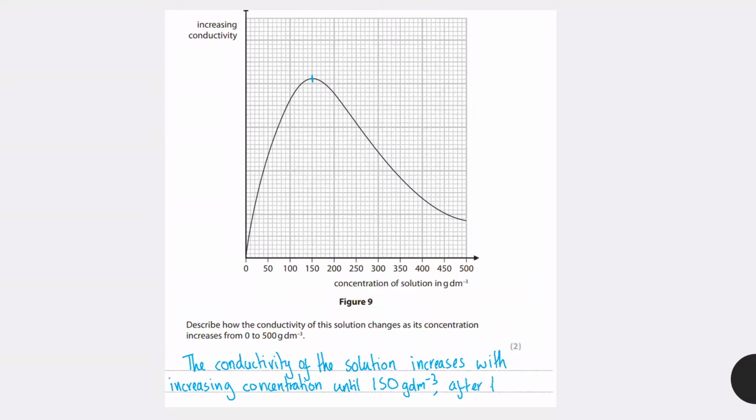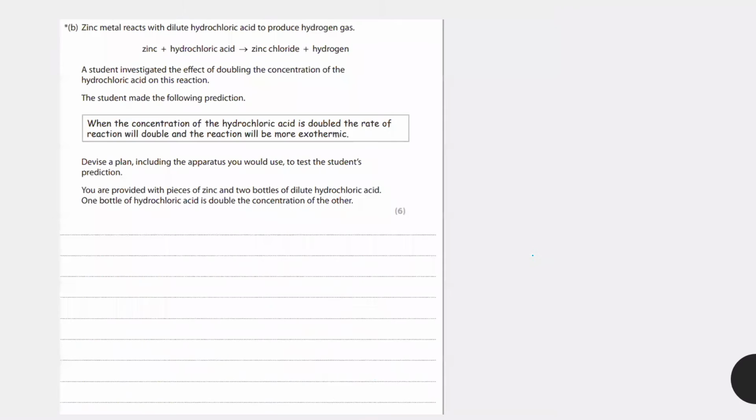After this, conductivity decreases until 500 grams per dm cubed. It looks like it will level out, but we don't know if it will keep decreasing. We don't know from this diagram.